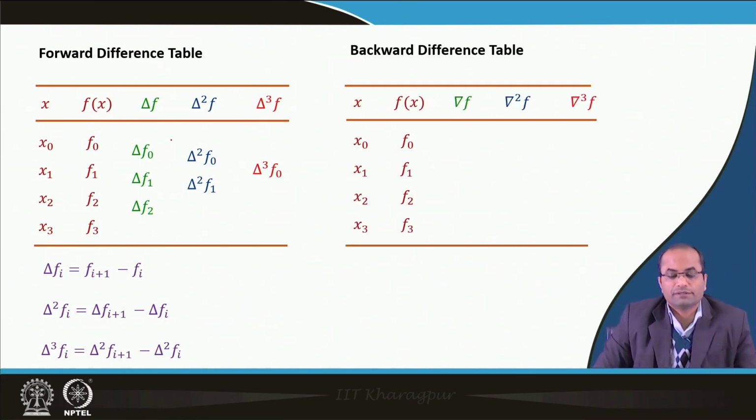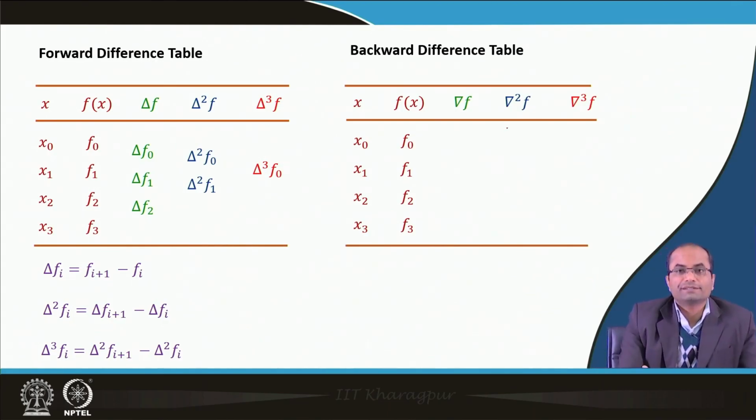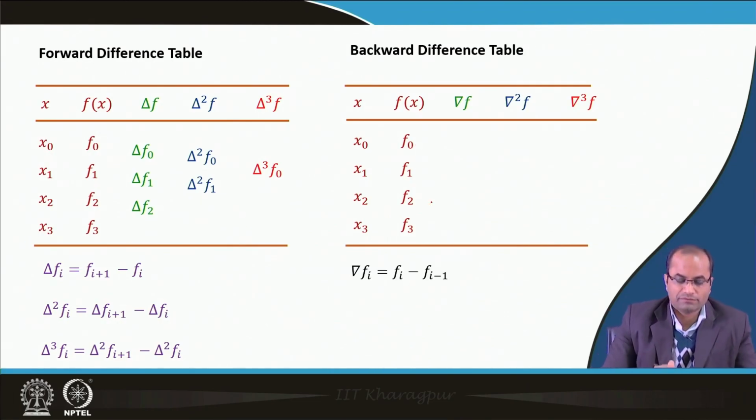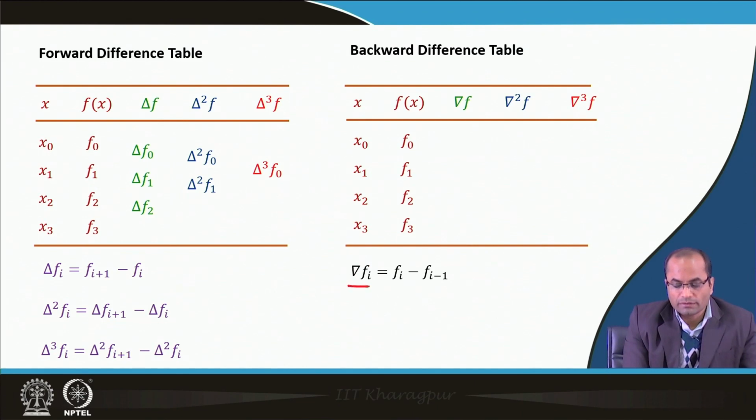Similarly, the backward difference table we can construct, and here also the idea is the same. We will construct exactly in the same way. There is no difference here in the calculations. The same table can be used for the forward difference operator and the backward difference operator, only as per the definition, which we will see.